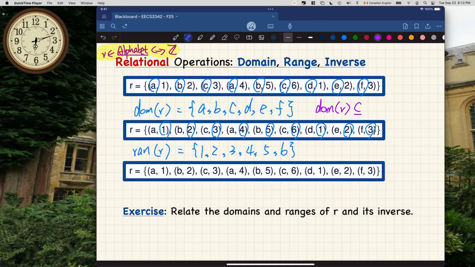It does not need to cover the entire alphabet for a single relation. Also, the range of R just needs to be a subset of integer. It also does not need to cover all the integers.